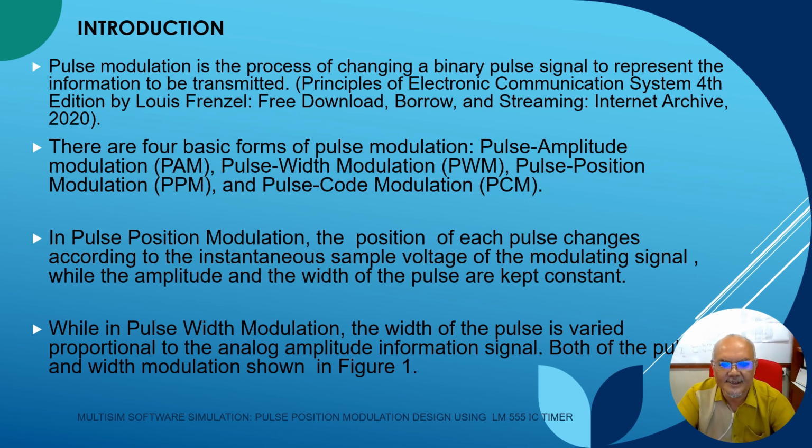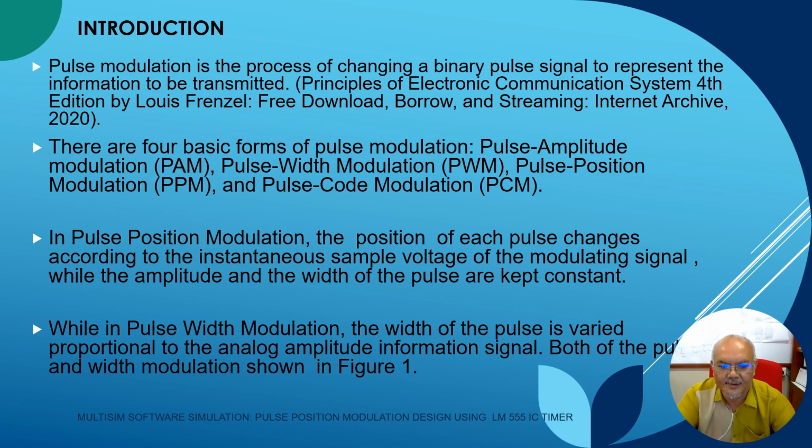There are four basic forms of pulse modulation: pulse amplitude modulation (PAM), pulse width modulation (PWM), pulse position modulation (PPM), and pulse code modulation. In pulse position modulation, the position of each pulse changes according to the instantaneous sample voltage of the modulating signal, while the amplitude and width of the pulse are kept constant.